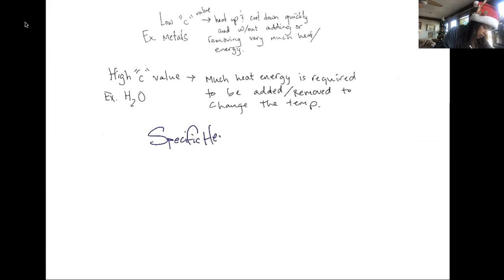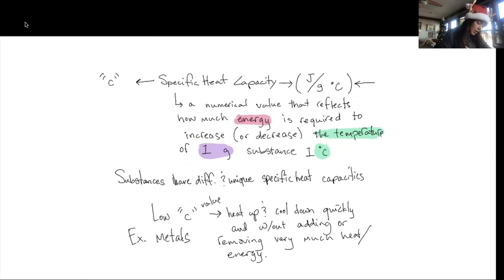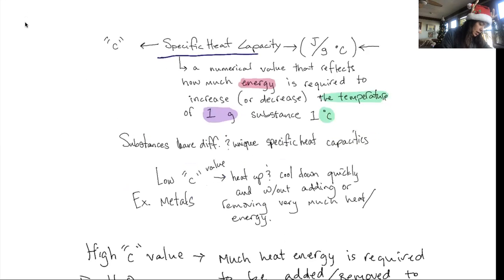I think about it like this. Specific means it's specific to the gram, because up here you have specific heat capacity. There's also something called molar heat capacity, so it would not be specific to the gram. It would be specific to the moles, which is less specific, so it's not called specific, if you will.